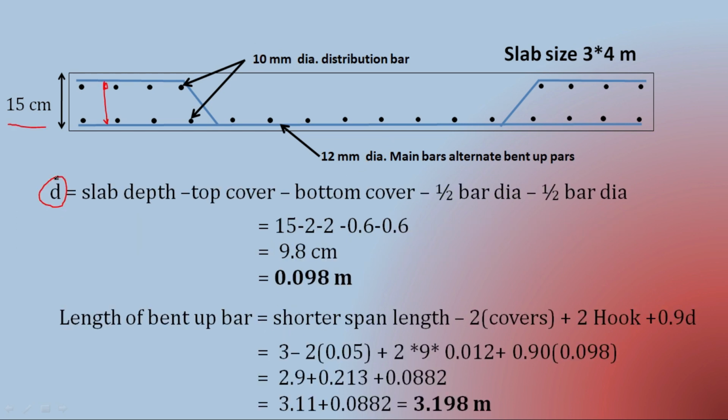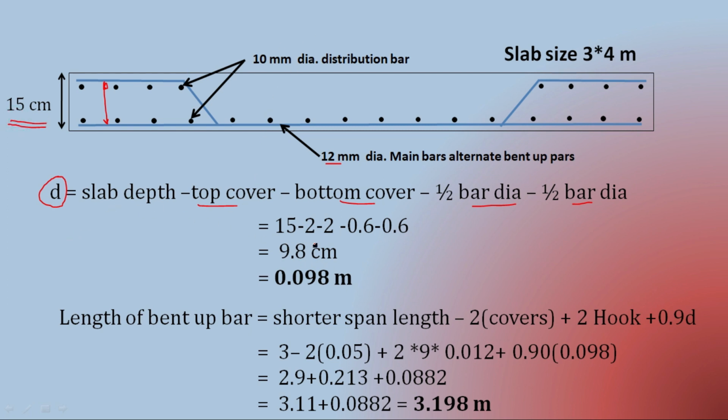Let's calculate D. Before going to the calculation, you first require the depth of the slab. You must know the top cover and bottom cover and the diameter of the bar. Here we have 12 mm diameter and slab depth of 15 cm.